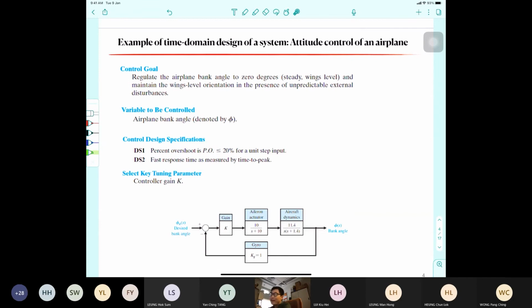Okay, so if there's a bank angle after the direction change, we need to recover it to 0 degrees to keep the airplane flat, to be steady wing level and maintain the wing's level orientation in the presence of unpredictable external disturbance.